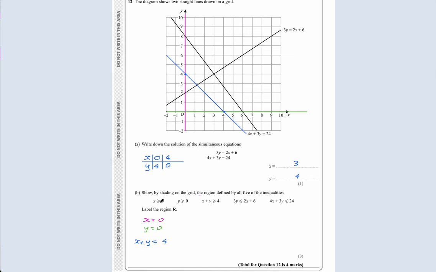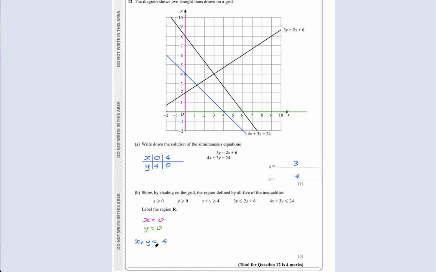Where am I shading if it's greater than 0? Well, it has to be to the right of the pink line, because it's bigger than 0. Then it says y is greater than 0, so it has to be above the green line. So those two are easy. It has to be right of pink and above green.